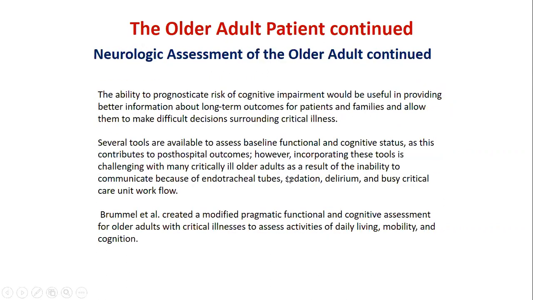So now, neurological assessment continuation. The ability to find out the risks of cognitive impairment would be useful in providing better information about the long-term outcome for the patients and family, and allow them to make difficult decisions surrounding the critical care illness.